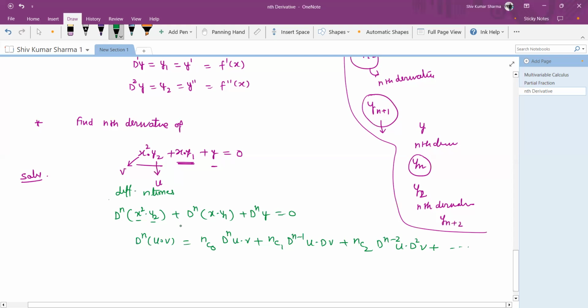So x square we consider as v, and y2 we consider as u.